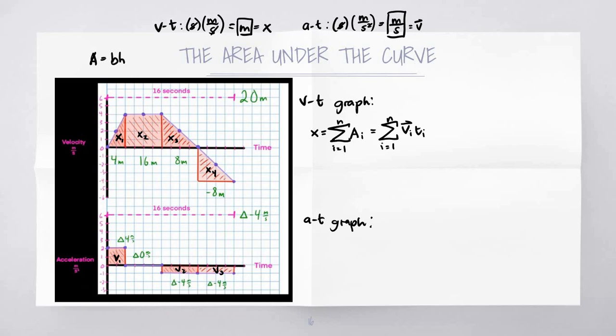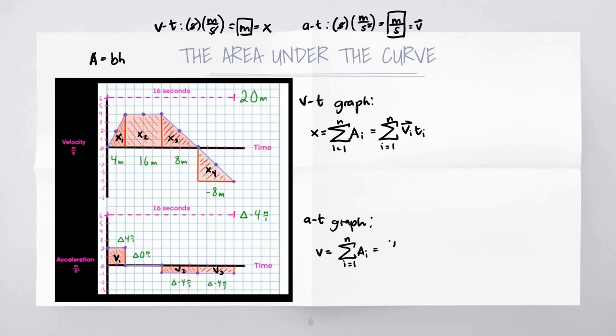Alright, so just like what we did with the velocity time graph, if the graph is a basic type of graph, in order to solve for the total area under the curve, you just need to get the sum. So this is the total area under the curve of an acceleration time graph. You need to get the sum of the individual areas from i equal to 1 up to n.